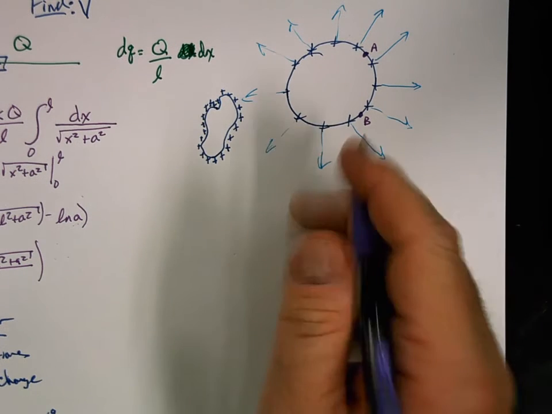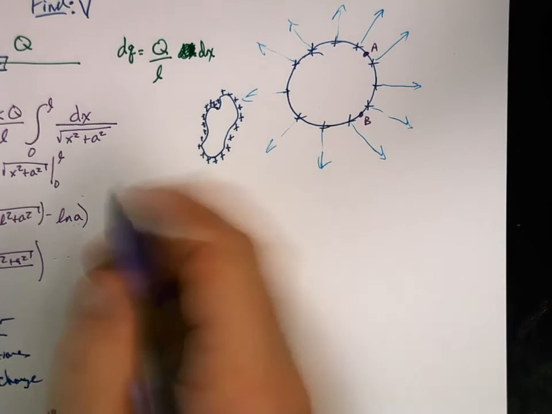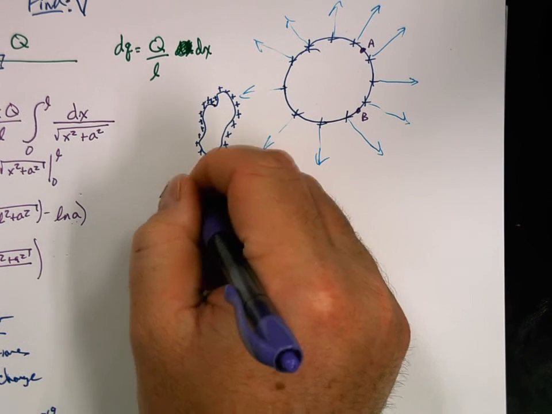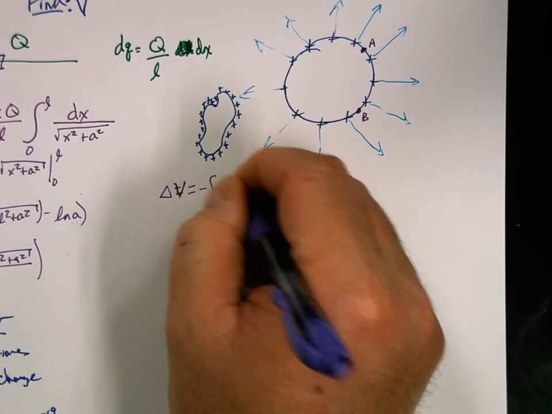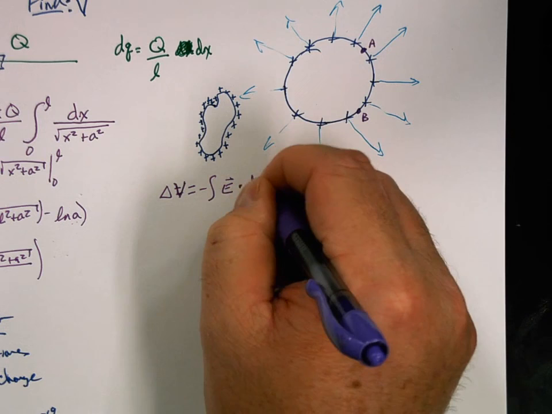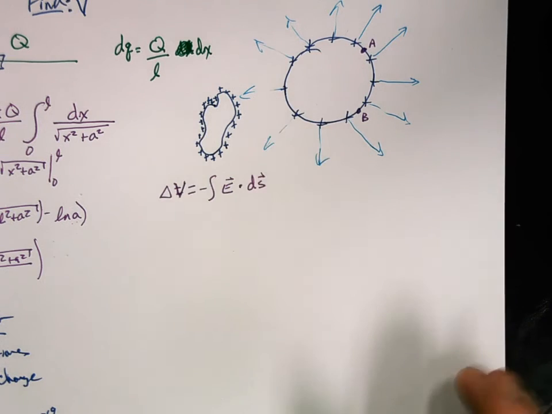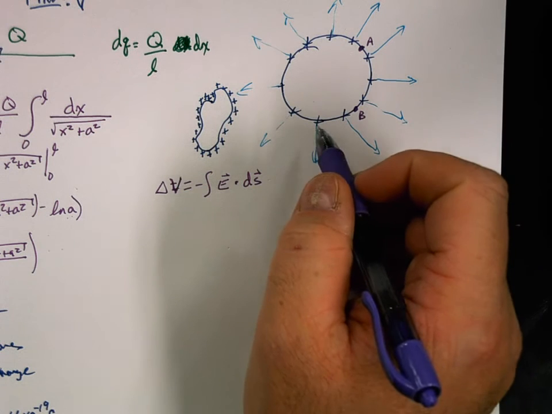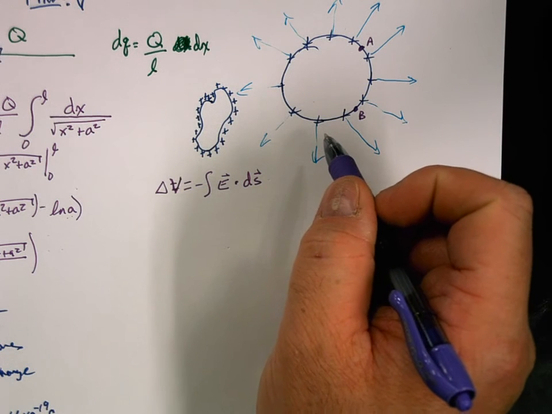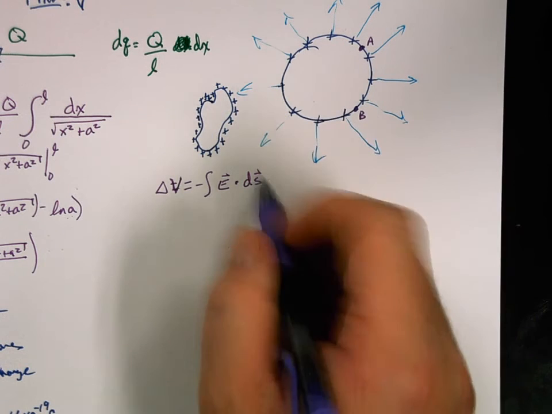Okay, so we know that our voltage equals negative integral of the field times ds. Now here's the cool thing. On our surface, the field is always perpendicular to our change in path.